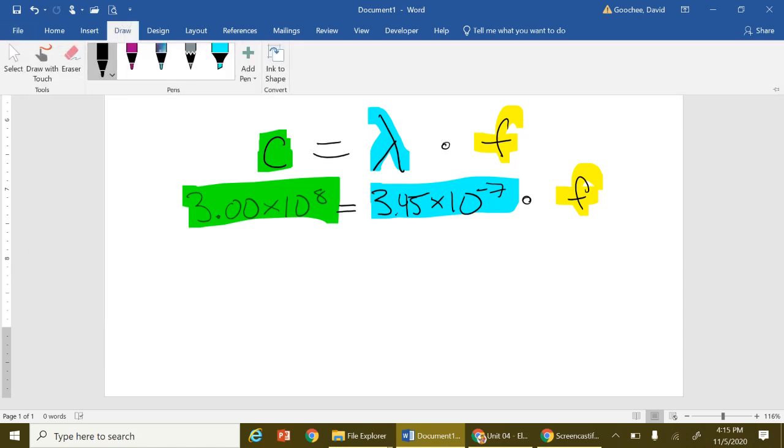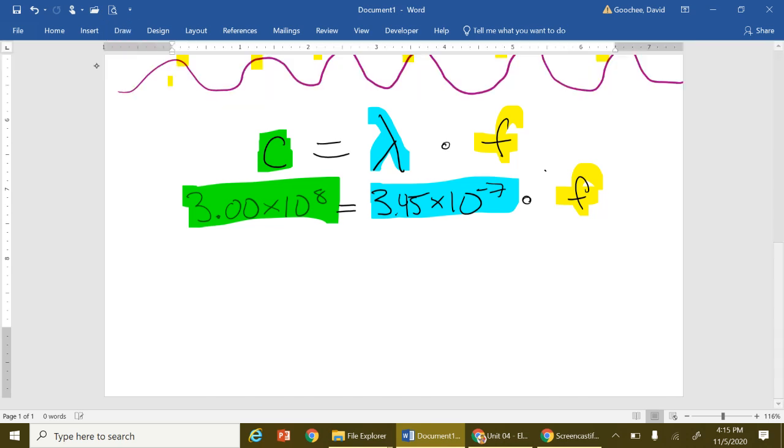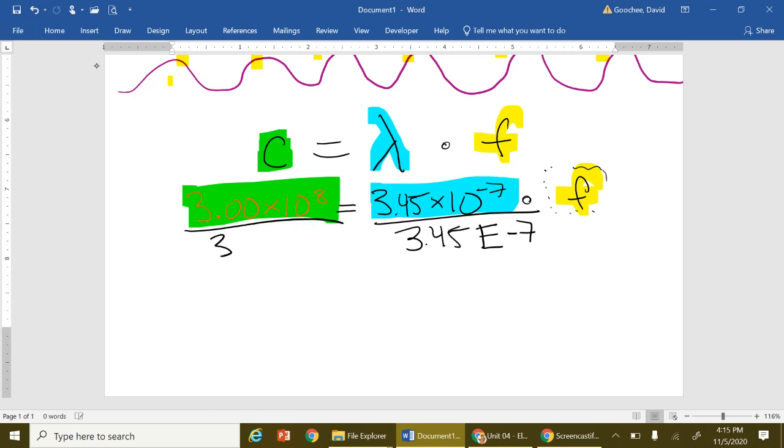So I'm actually going to decide to use a slightly different format of scientific notation. I want to get frequency by itself, so I have to divide both sides by 3.45 times 10 to the negative 7th. And I'm going to use that E that we learned about before. Okay, so I can do this.